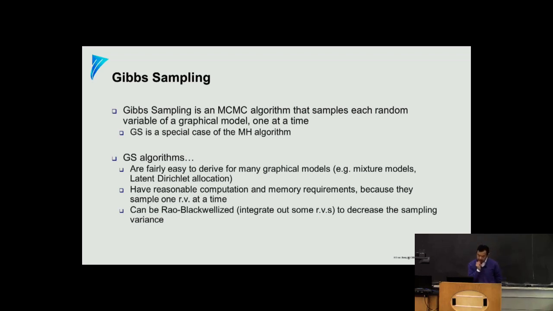Now I'm going to quickly move to another algorithm called Gibbs sampling, which is a more operationalizable special case of MCMC.